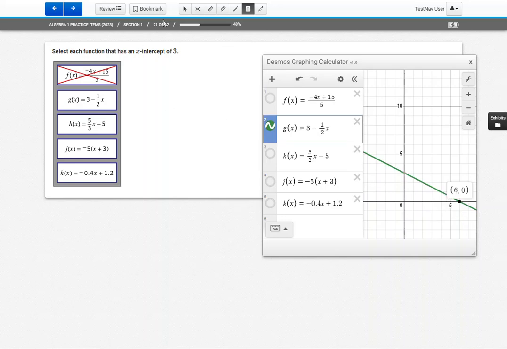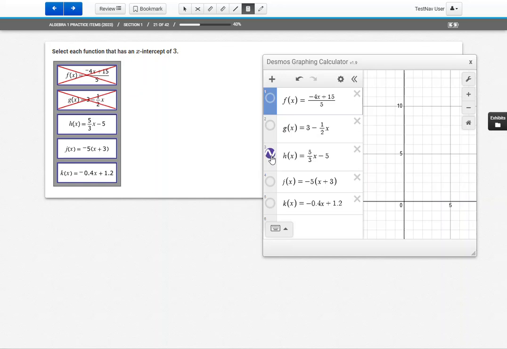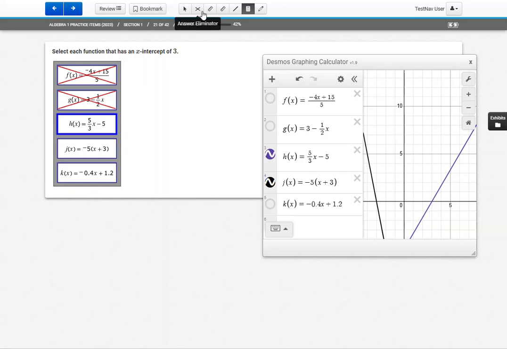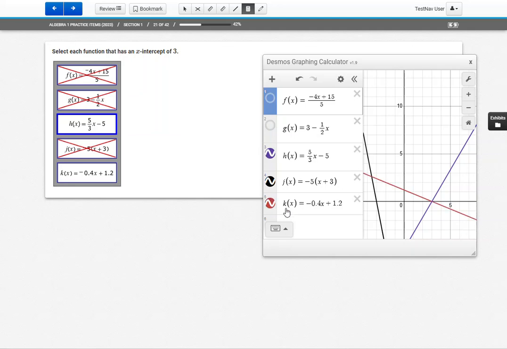Nope. Yes. Nope. Yes, x equals 3. So there you go. These are my 2 answers.